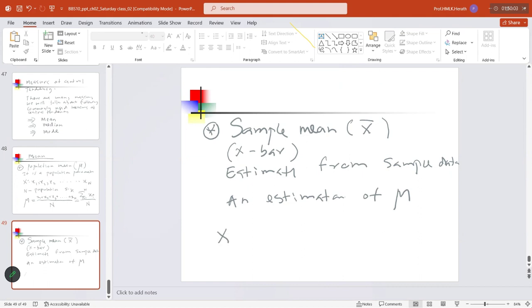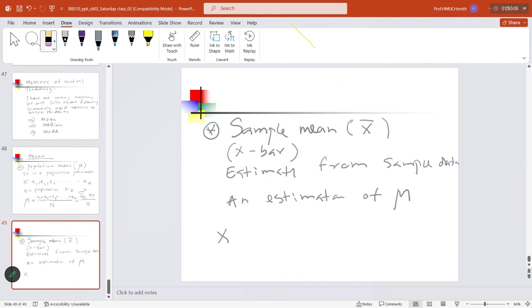And we estimate x bar. Say we have our data x1, x2, x3 up to xn. n is the sample size.